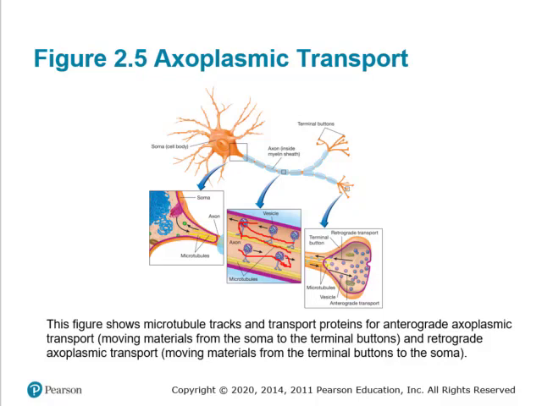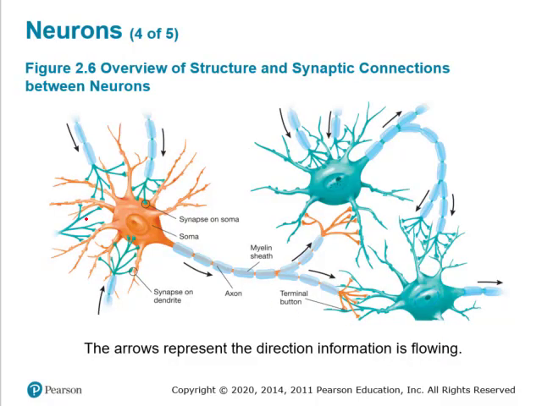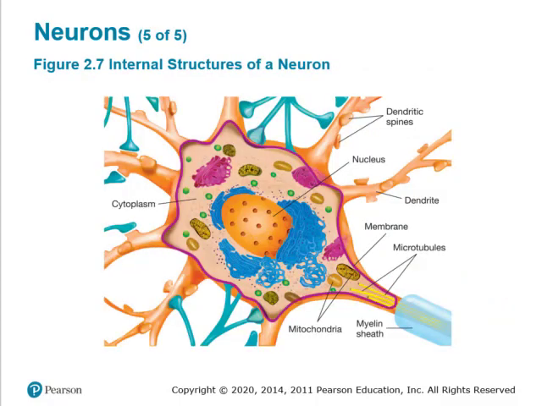So axoplasmic transport isn't to be confused with what is generally described as a unidirectional flow of information from the axon of a presynaptic neuron, to the dendrites of the postsynaptic neuron into its soma, and then down along the length of its axon to receiving neurons that become the postsynaptic neurons at the other end of the equation.